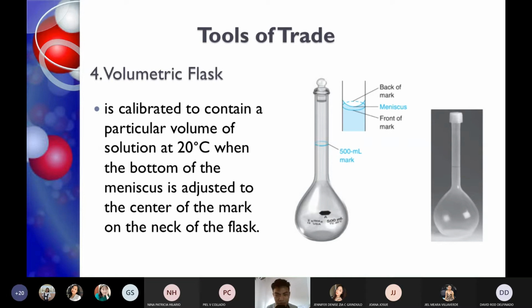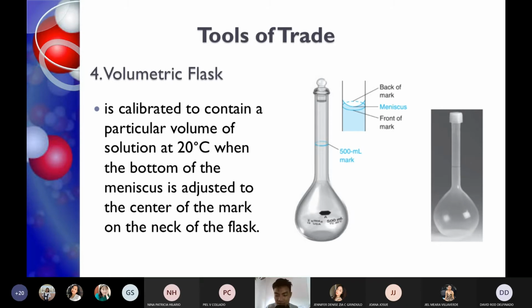Okay? Kunwari, ang thesis mo, kailangan niya ng 800 ml ng ganitong substance, gumamit ka ng 500 ml na vol flask, 200 ml, or 100 ml. O kaya pwede naman yung 1 liter na lang. Saka ka na kumuha. So, fixed yung volume dito.